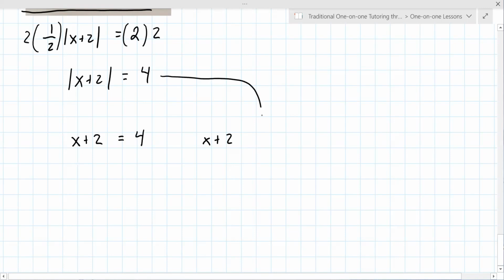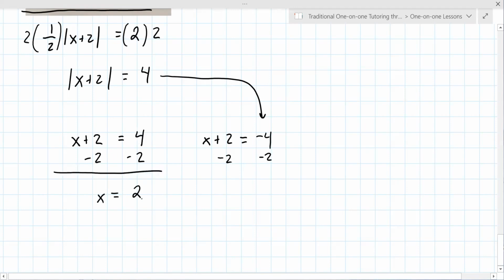And then over here to the right of the other one, what goes here? It can't be the same. -4. Good. Now to solve this, we're going to subtract 2 from both sides.